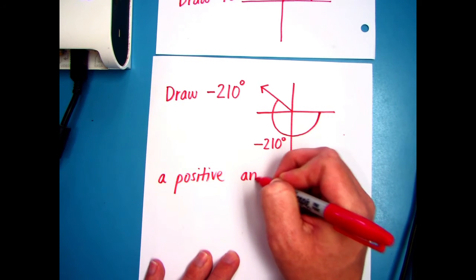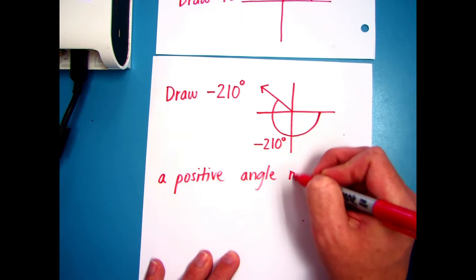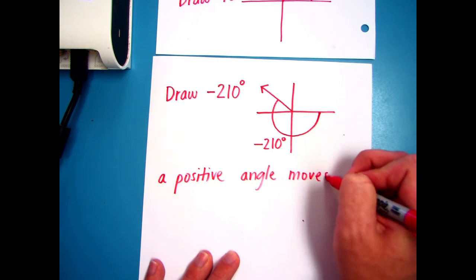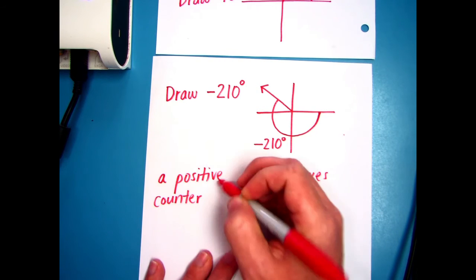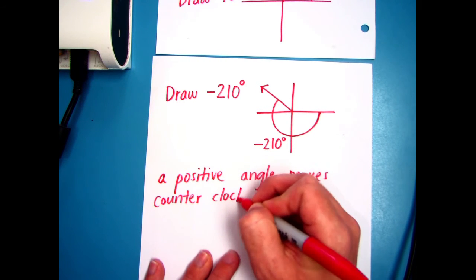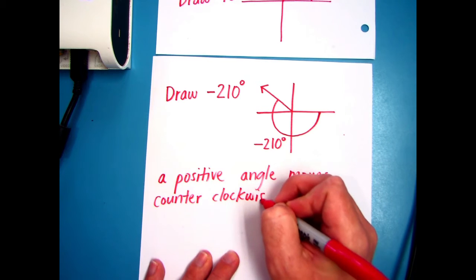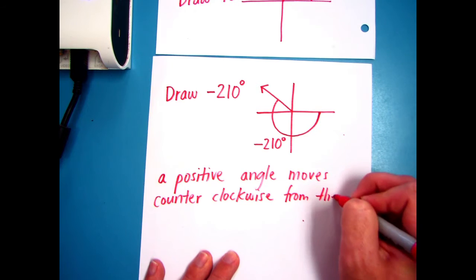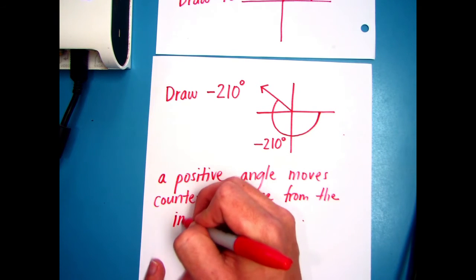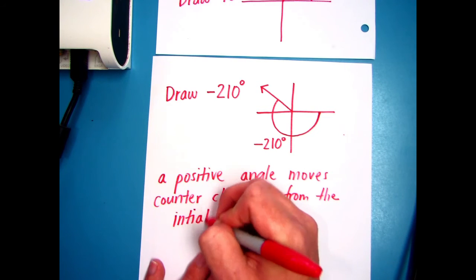So a major takeaway from this lesson is that when drawing a positive angle, we move counterclockwise, starting at the initial side. A positive angle moves counterclockwise, starting from the initial side.